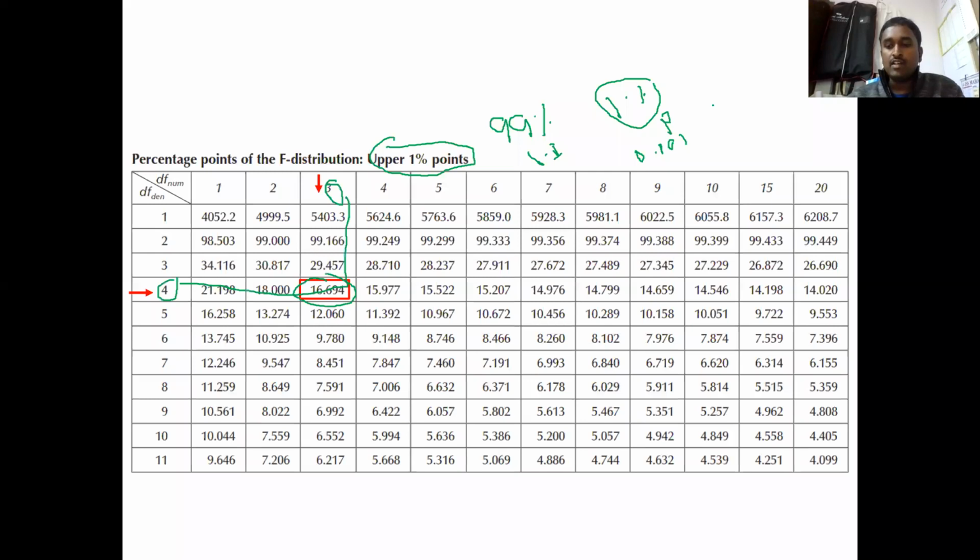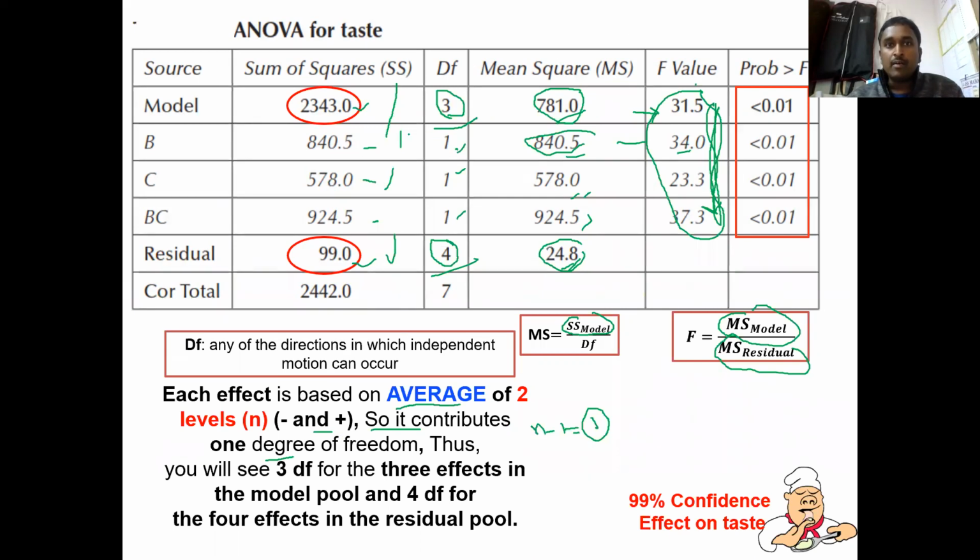So it says that all these factors, since this table is for 0.01, 1% is nothing but 0.01, we can say we are 99% confident that B, C and BC interactions will significantly influence the response. That is the meaning of this probability value.